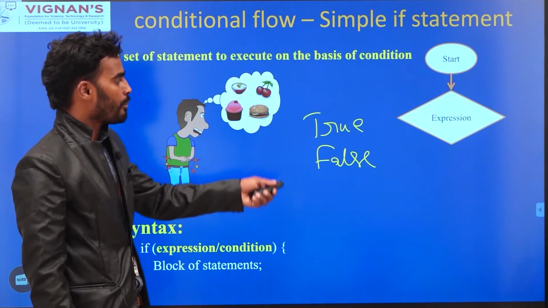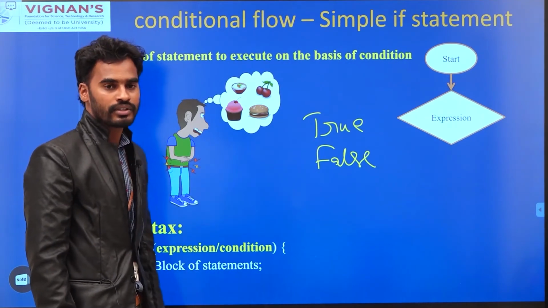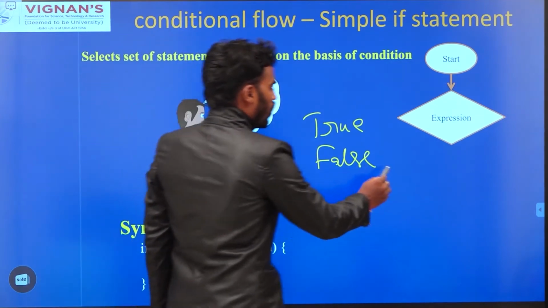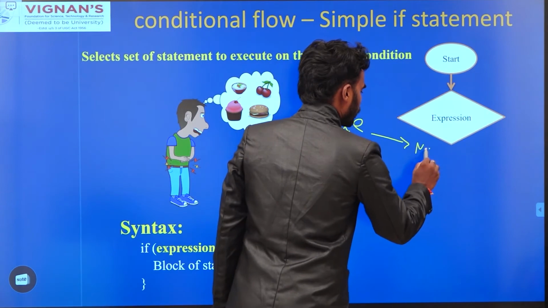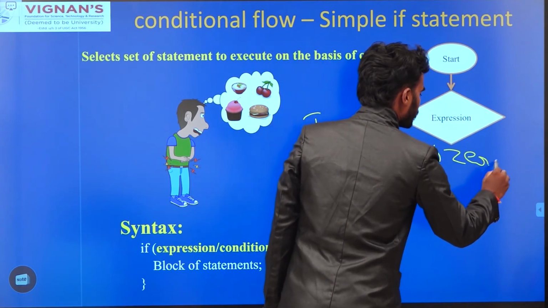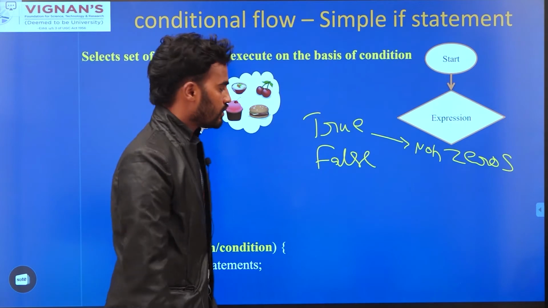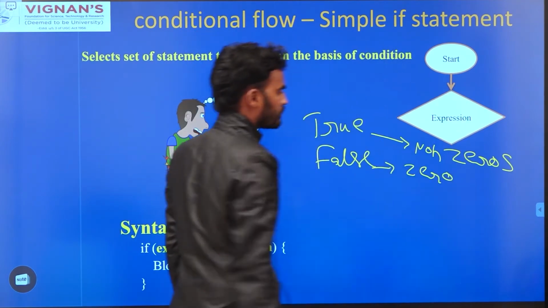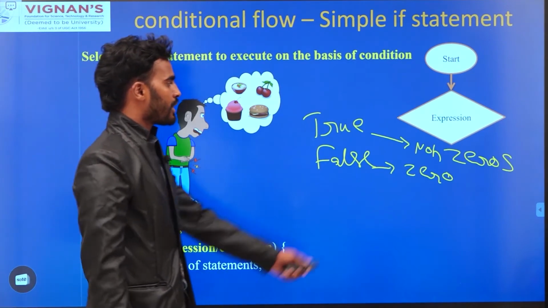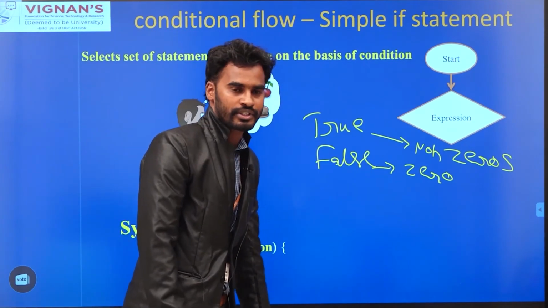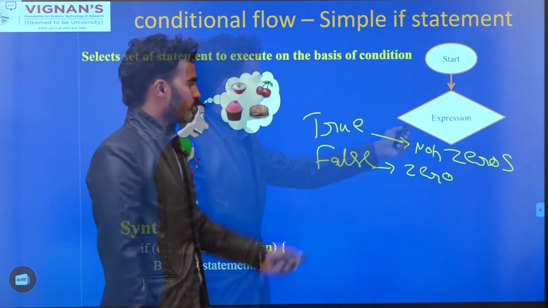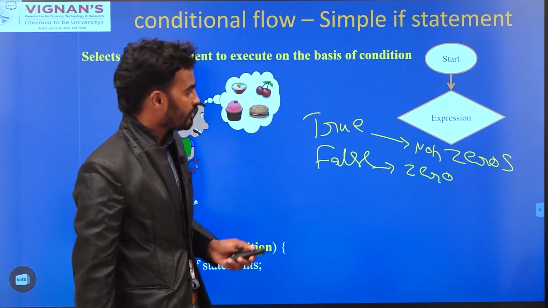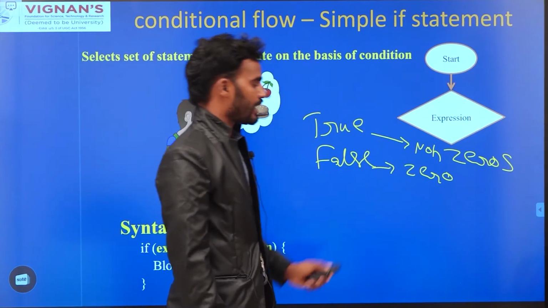All non-zeros will be treated as true, and 0 will be treated as false. So what is true? If the result of this expression is non-zero, then it is considered true. If the result of this expression is 0, then it is considered false.